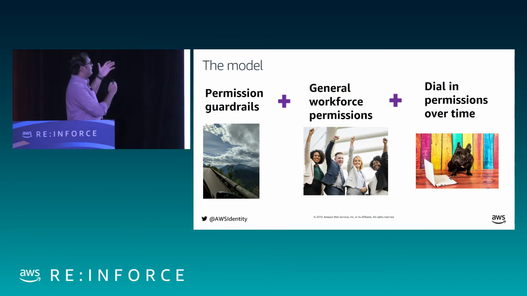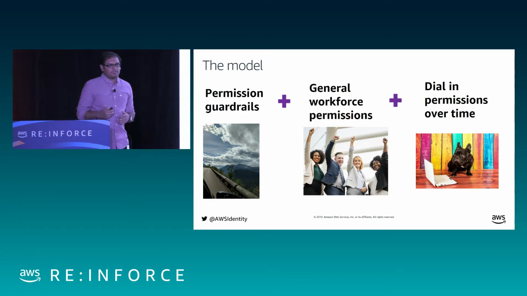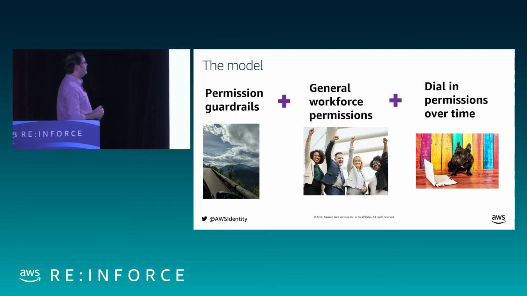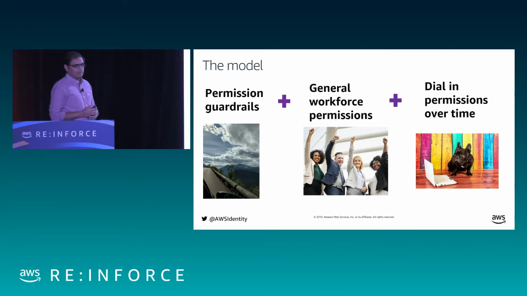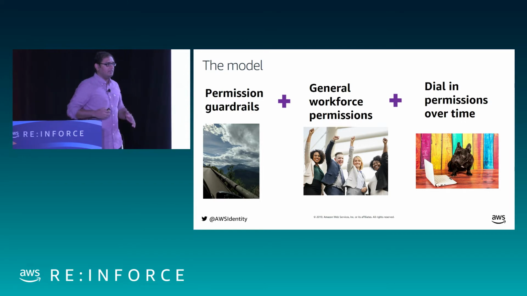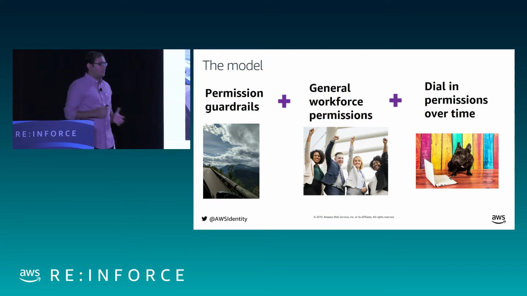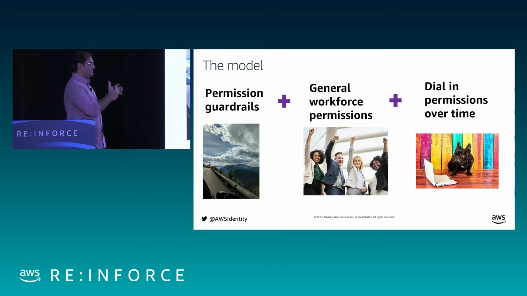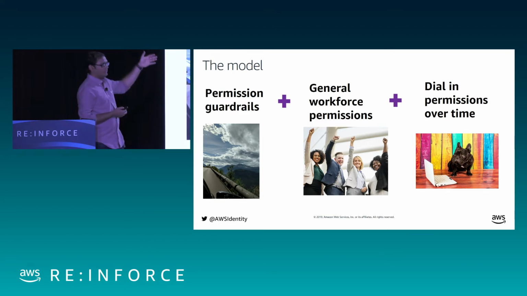It's basically a threefold process. It starts off with creating permission guardrails. What I mean by permission guardrails is defining a boundary across all your accounts within AWS, which tells us what the maximum available permissions are across your AWS accounts. Then you go deeper within a specific account and create general workforce permissions.